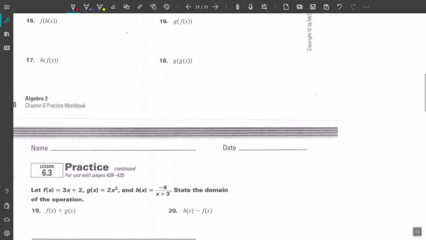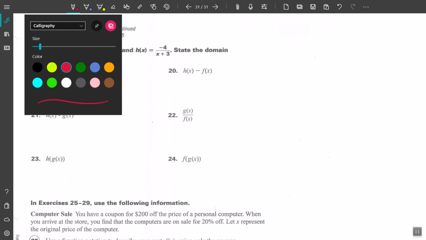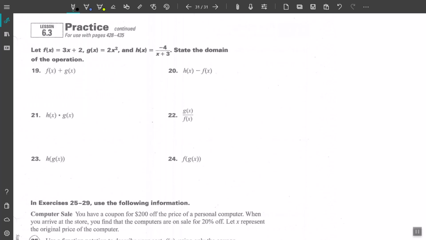All right, moving to the back of the sheet, we are adding the functions together that they've given us. Once again, in the directions, they've defined 3 different functions. In number 19, which I may or may not have circled on yours, we're going to do 19 and 20.